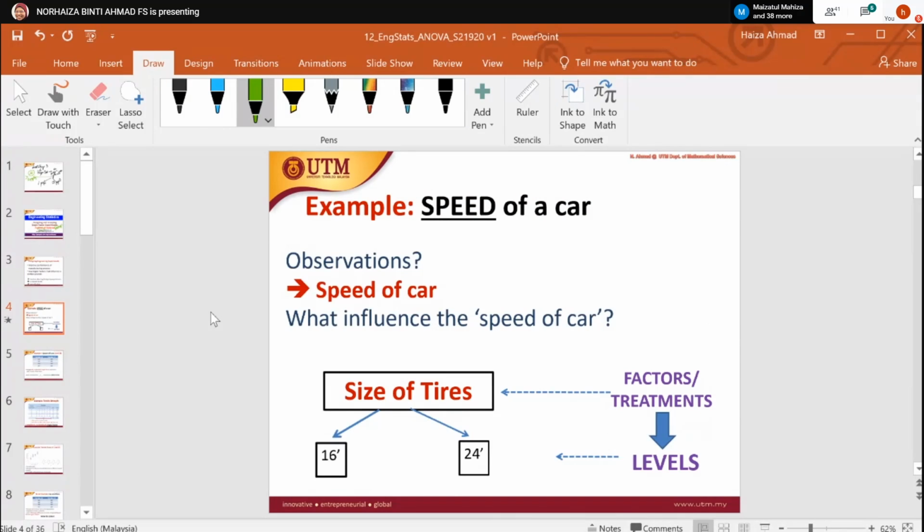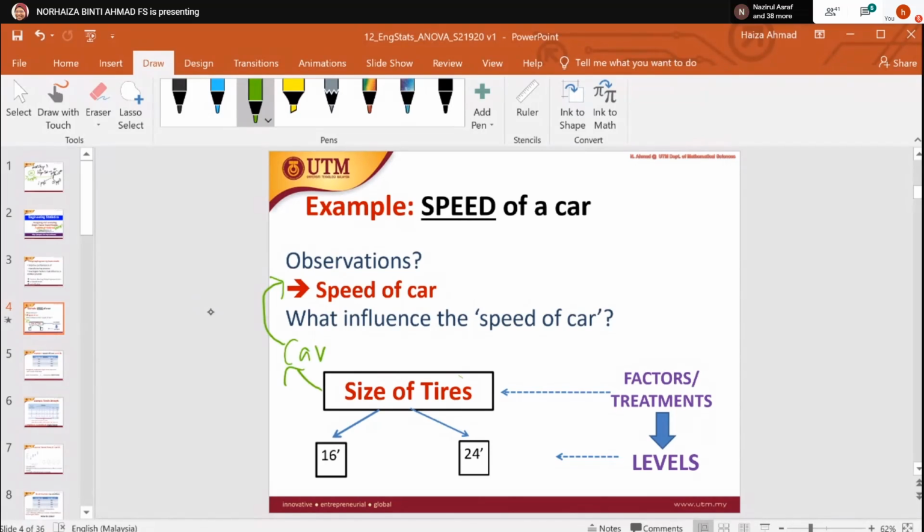One simple example. Imagine that you have the speed of a car. You want to observe the speed of a car. So what you do is you take a car and you test it using different tire sizes. This different tire size is a treatment that you apply to the car so that you can see how the speed is.